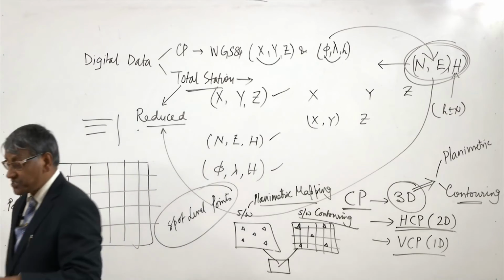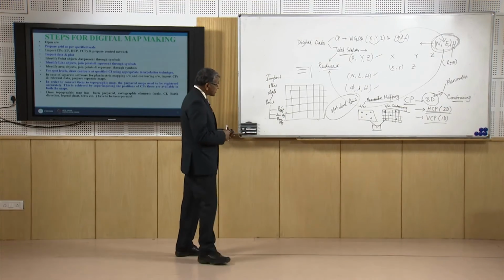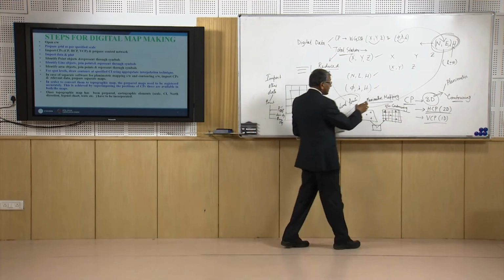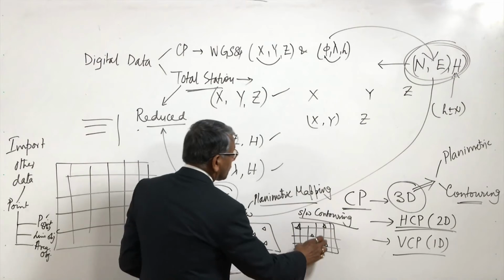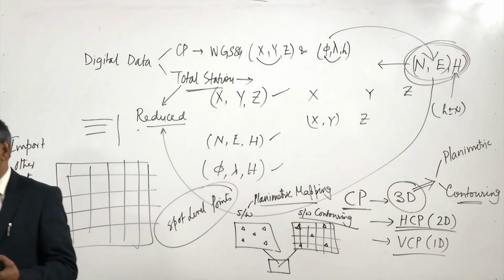That is called registration. By registering the planimetric map with the contour map, we can get the topographic map.